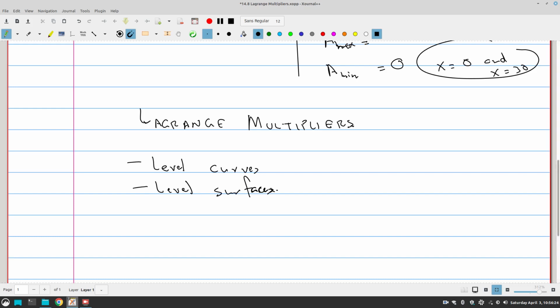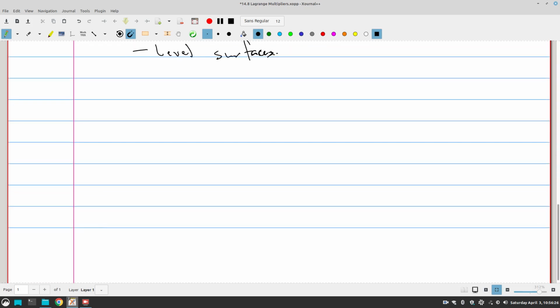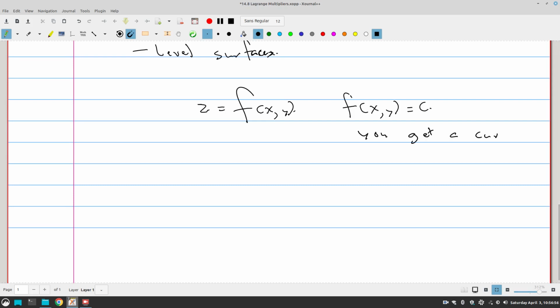What is a level curve? So imagine you're given a surface with relation z equals f of x, y. Now if you replace this z by a constant, f(x, y) equals some constant c, you get a curve on the xy plane, right?